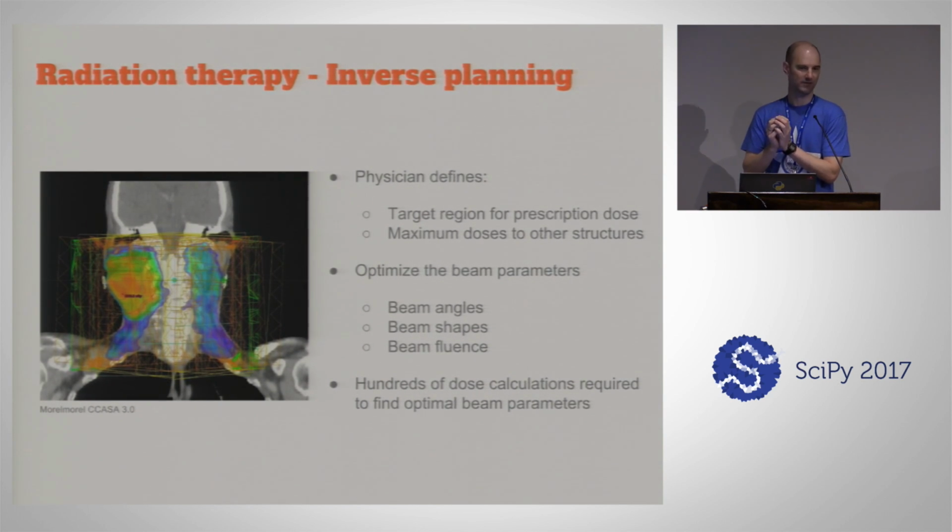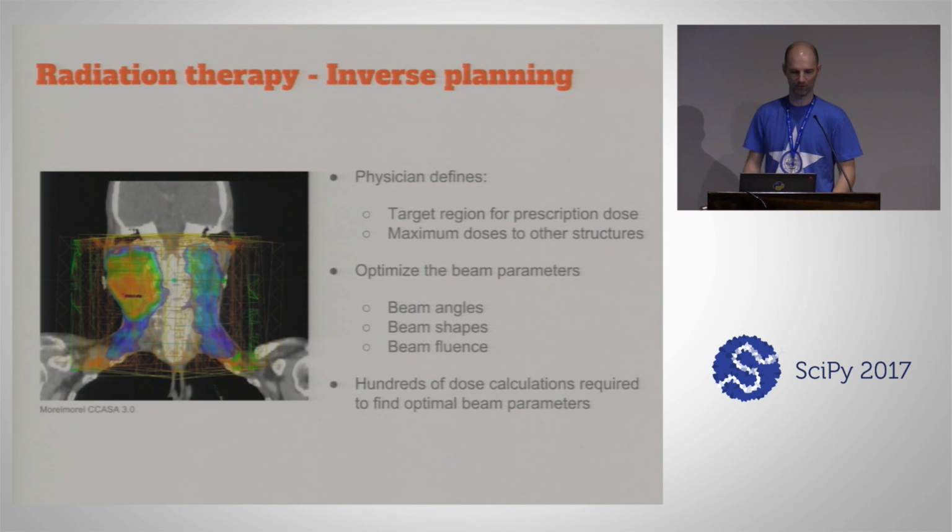They're usually looking at a CT scan of a patient, and then they'll say, this is the dose we want here, and then they'll also define some other structures outside of that. So you can imagine if you were treating for breast cancer, for example, which is one of the most common cancers, you want to spare the heart and the lungs, and so usually they'll put sort of thresholds.